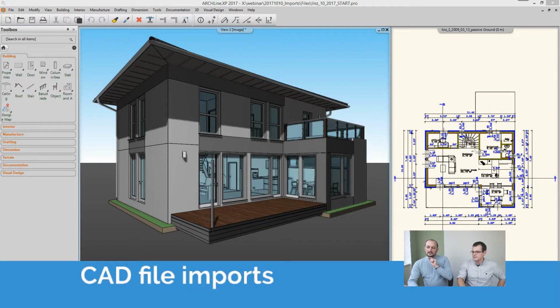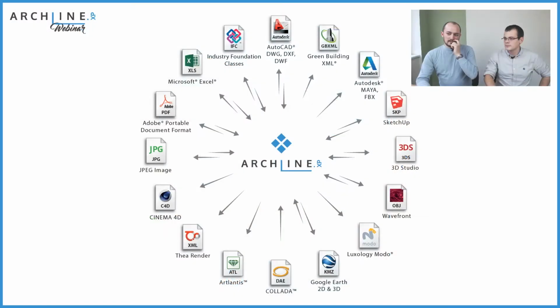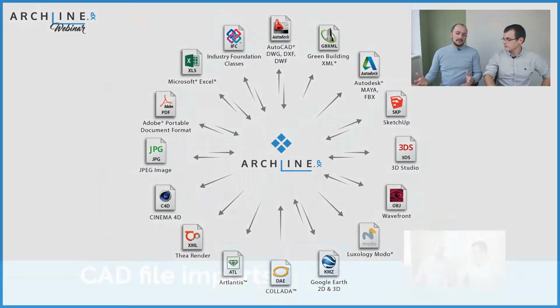Can we go back a little to the previous image, just to talk about these features. What we are talking about are those arrows pointing towards ARCHLine. That's the import. Those are the most common file formats that we support as input. Today at first I would like to show you how you can work with CAD files, because that's the most common way you will likely start your work.